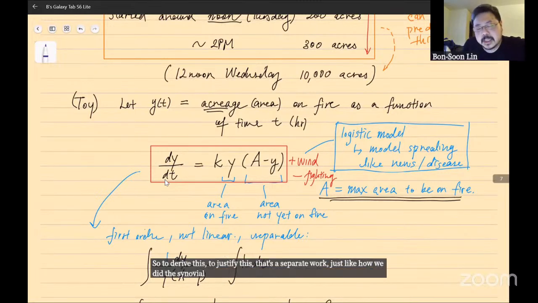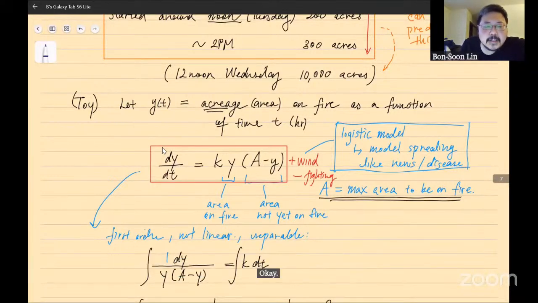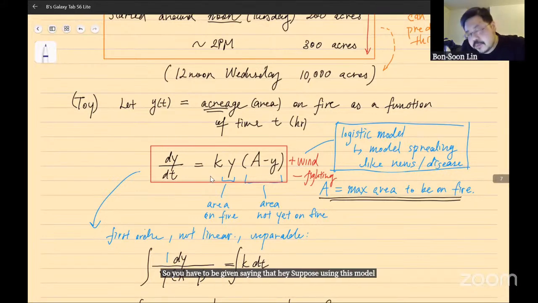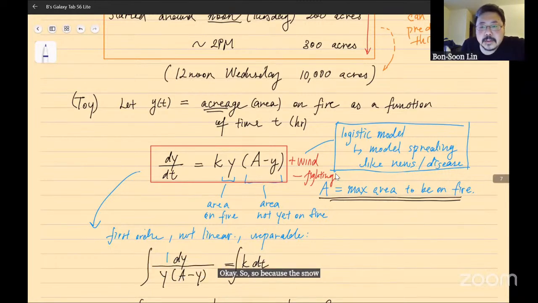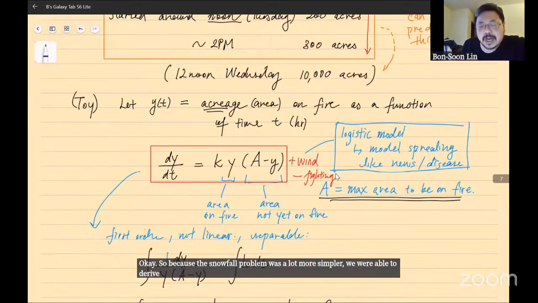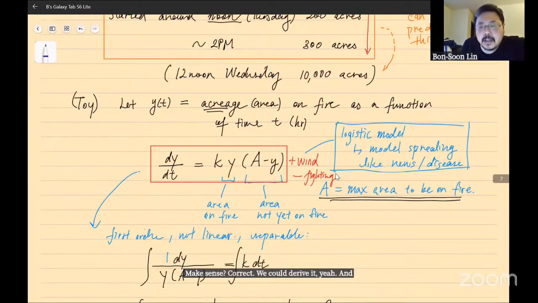In this class I will not focus too much on that, but I will still show you whenever appropriate. So you will be told, suppose using this model, do these predictions for me. Because the snowfall problem was a lot simpler, we were able to derive it, and I showed you.